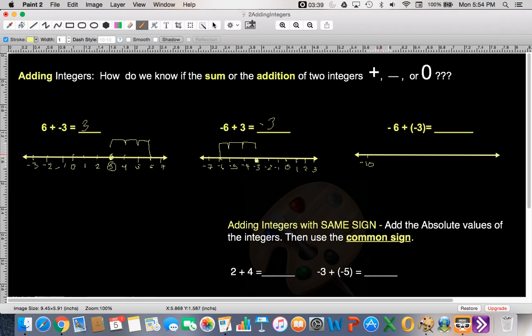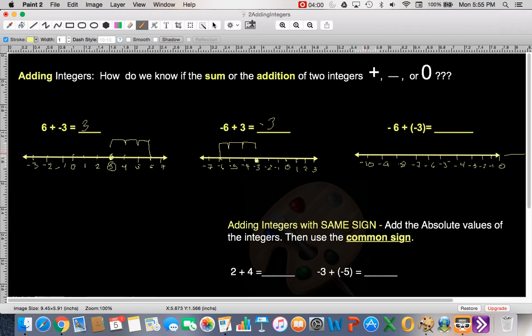Let's start with negative 10, negative 9, negative 8, negative 7, negative 6, negative 5, negative 4, negative 3, negative 2, negative 1, and 0 is somewhere there, right?